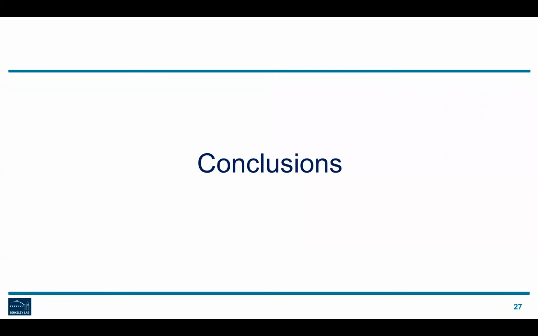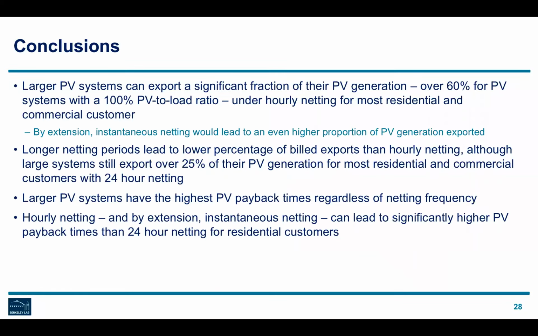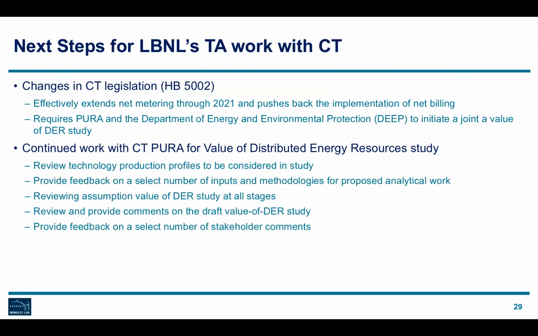We can go to slide 29. Next slide. Great. So just to give you an idea, there were changes to the Connecticut legislation at the end of this particular work, effectively extending net metering through 2021 and pushing back the implementation of net billing.